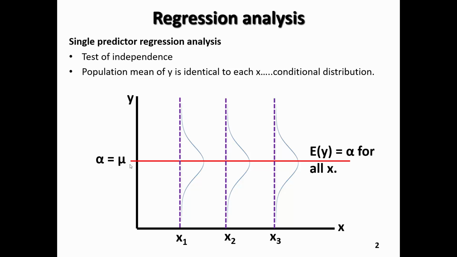Alpha is equal to the average along the full continuum of x. So what we would see in this hypothetical is that along each value of x there is no independence, since all the values are equal to each other, those values being the mean of the data distribution of y at each of these values of x.